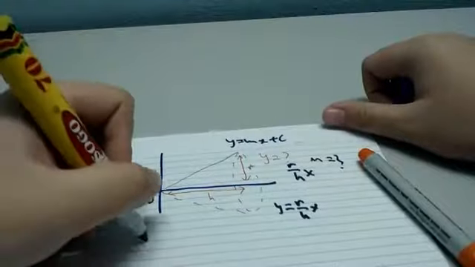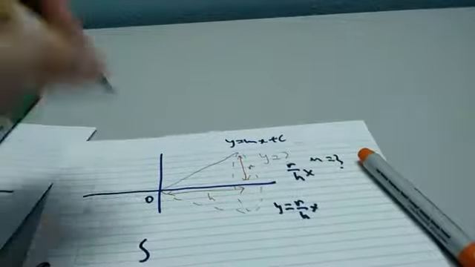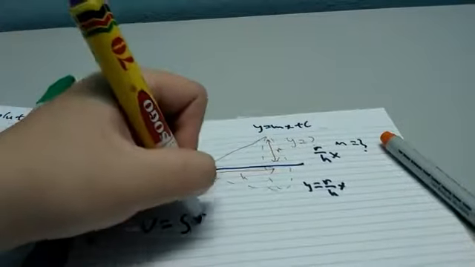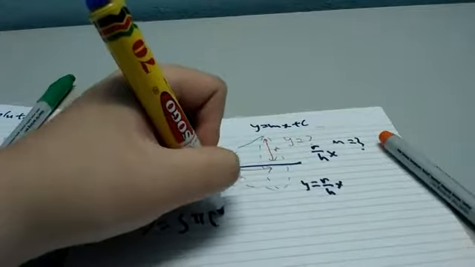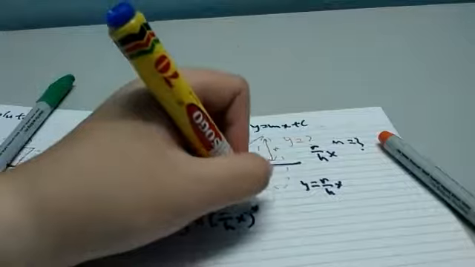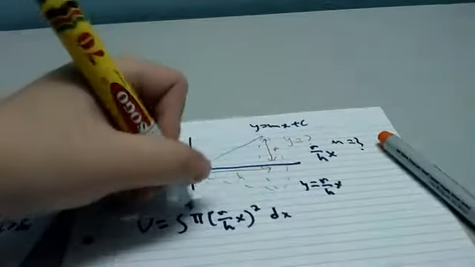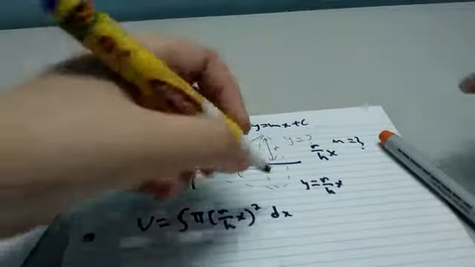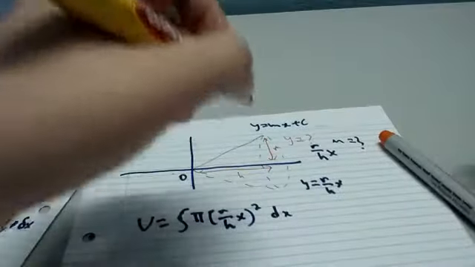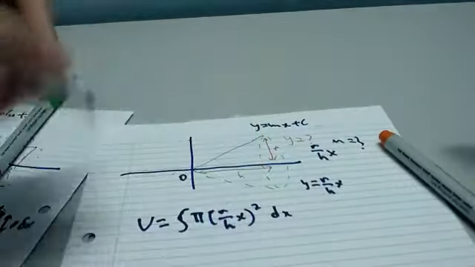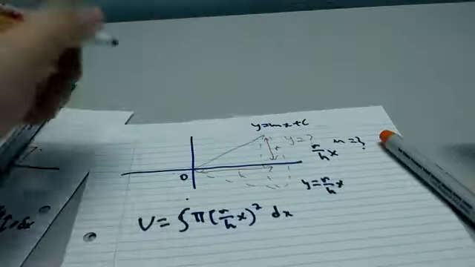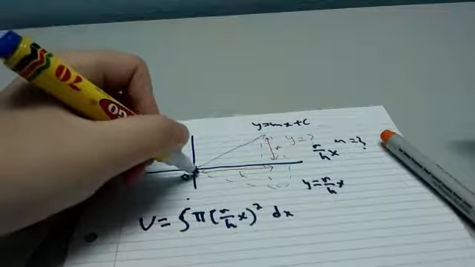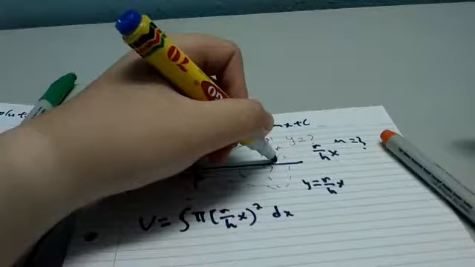So the volume is equal to the integral of pi times (r over h x) squared dx, from where? If we are integrating the variable x, then the upper and lower limits must be in terms of x. This is the point of x right here and right here.